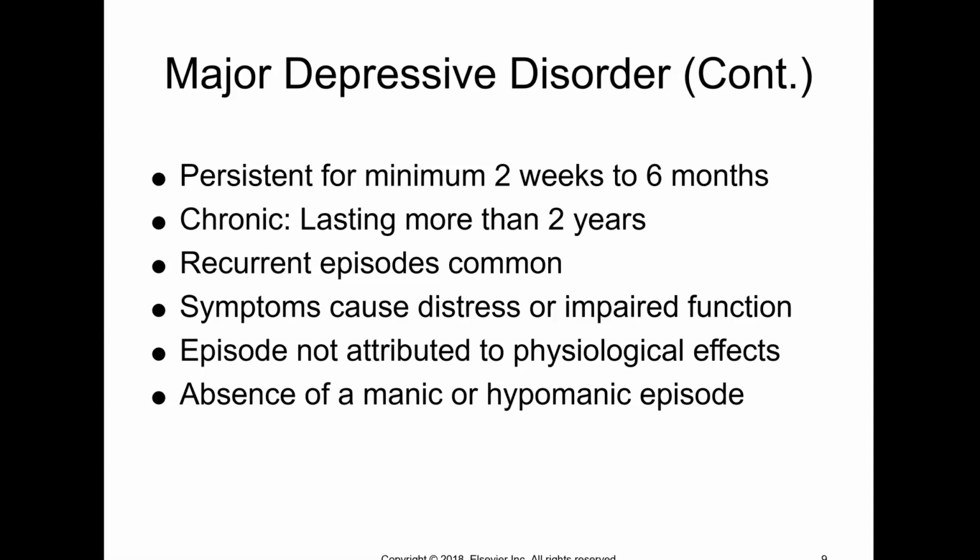It's also important to note that there needs to be an absence of a manic or hypomanic state. Now, when you guys complete your web quests for bipolar disorder, you're going to get a better understanding of what we mean by manic versus hypomanic, and also why hypomania is not always easy to target. We don't always know.